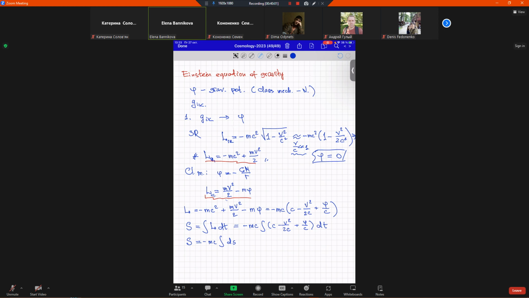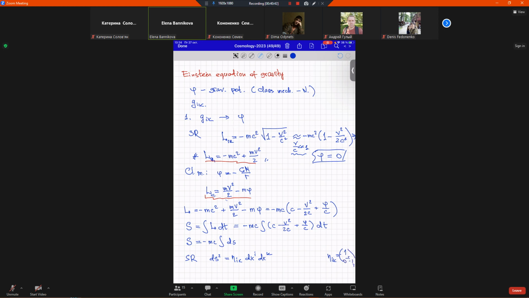In special relativity, ds squared, as we know, is eta_ik dx^i dx^k, where eta_ik is diagonal with 1, minus 1, minus 1, minus 1, and zeros elsewhere.